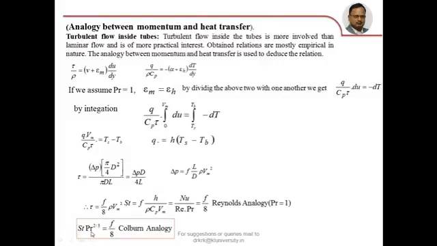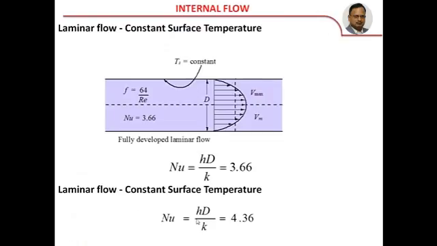And the ratio of Nu by RePr is called Stanton number. So the analogy between momentum and heat transfer says the Stanton number into Prandtl number to the power 2 by 3 is f by 8. So if you substitute the formula for f, you will get again Nusselt number as a function of Reynolds number and Prandtl number with different coefficients.